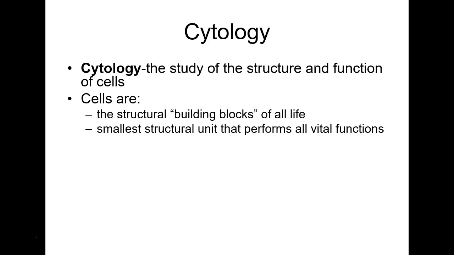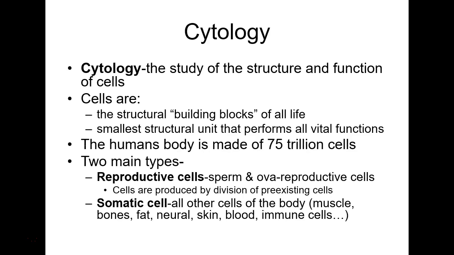Cytology is the study of the structure and function of cells. Cells are the structural building blocks of all life, the smallest structural unit that performs all vital functions. 2 main types, and that would be reproductive and somatic. So reproductive, sperm and egg. That's it, and that's that. The human body is made of about 75 trillion cells. I've heard 100 trillion cells in some cases.